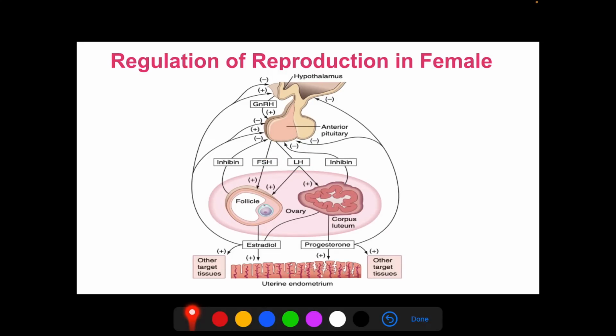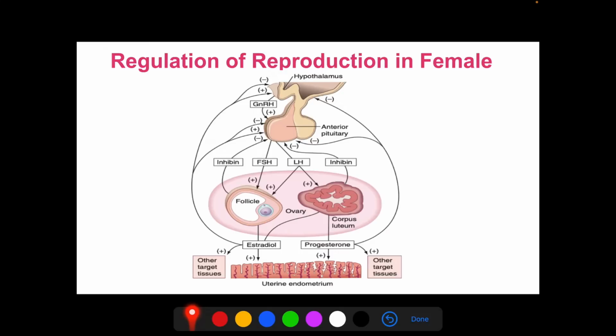And unlike in males, you can see here that the illustration is a bit complex because the regulatory process in the female person is cyclic. That's why in females, we have the menstrual cycle. And the changes in the pituitary, the ovary, and the uterus occur during the 28-day menstrual cycle.